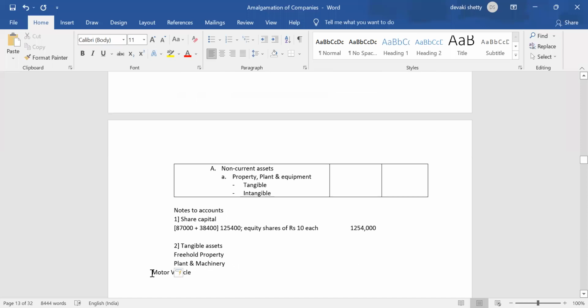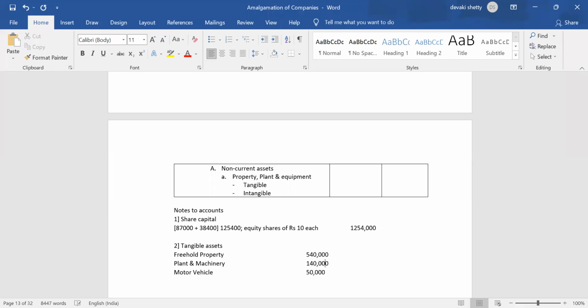This also. And now let us write the amount. Tangible asset का amount, let us write 5,40,000 freehold, plant and machinery 1,40,000 and motor vehicle 50,000.